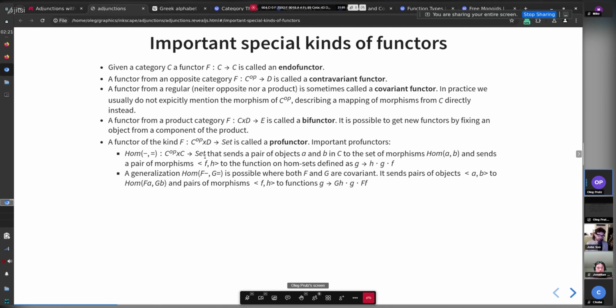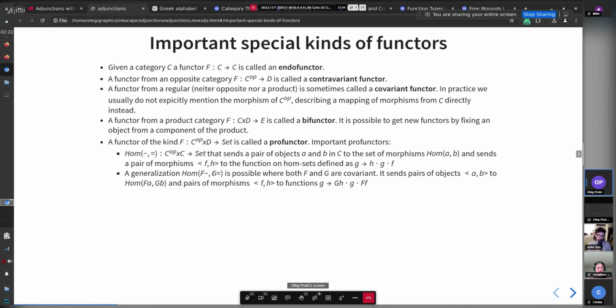So one parameter g, and you post-compose h to g and pre-compose f to g, and that is an element of a new hom set.